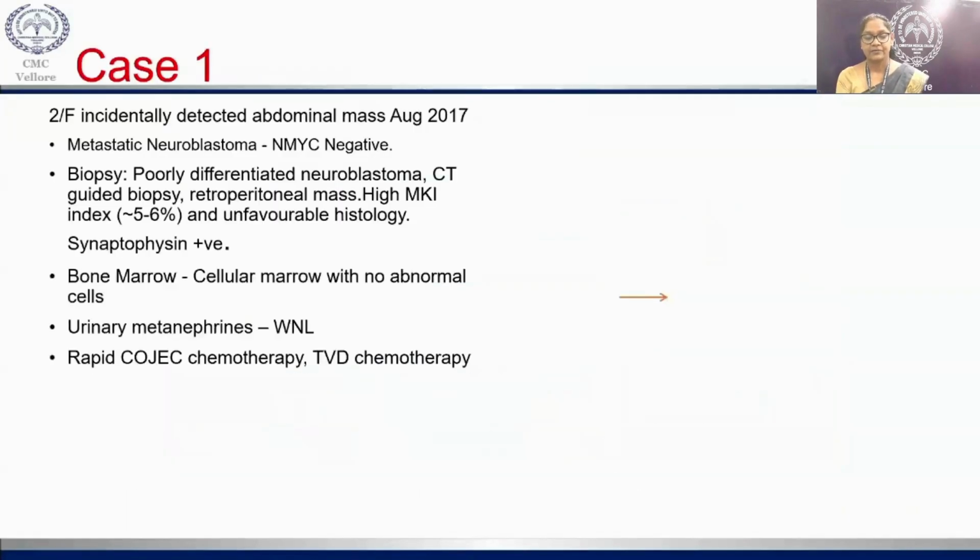So let's look at one of the cases of a child who was 2 years old, incidentally detected with an abdominal mass in August 2017, biopsy-proven neuroblastoma; bone marrow and urinary metanephrines were within normal limits. She also underwent rapid COJEC chemotherapy and TVD chemotherapy.